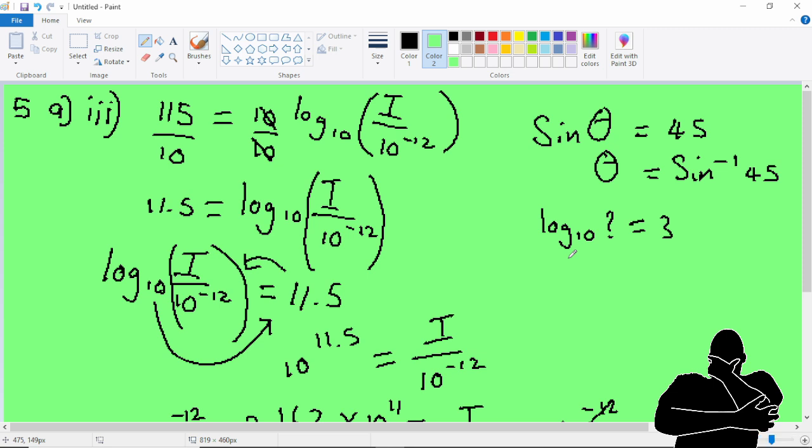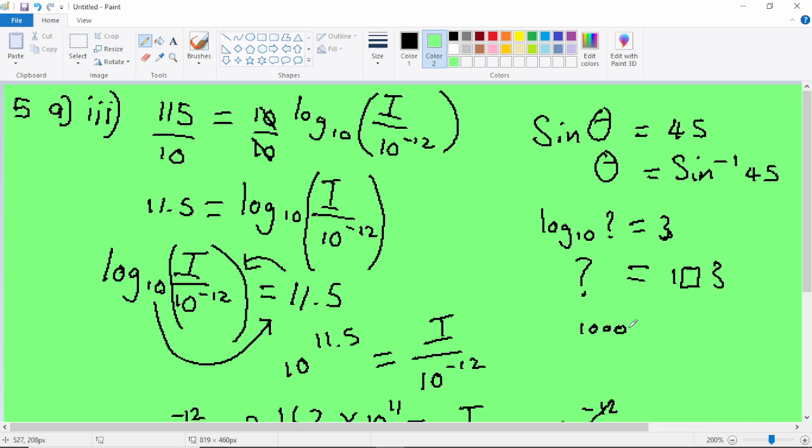That just means 10 raised to something, and then you put the number over here. So you type up 3 at the end, and then you press equal to, and then it gives you this number here, which in this case is 1,000. So 10 raised to 3 is 1,000.